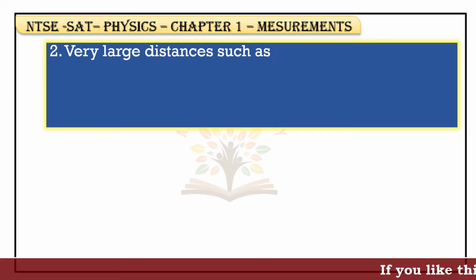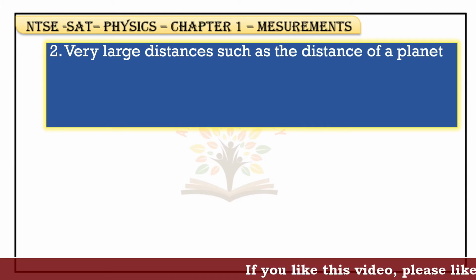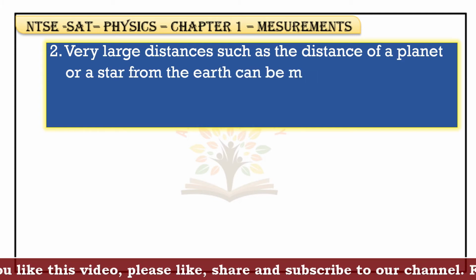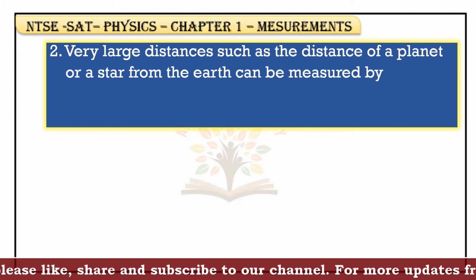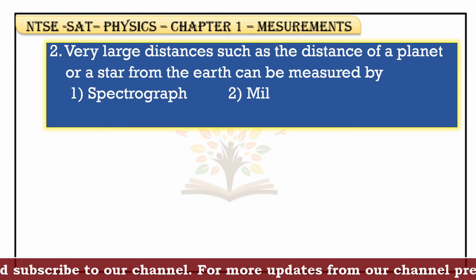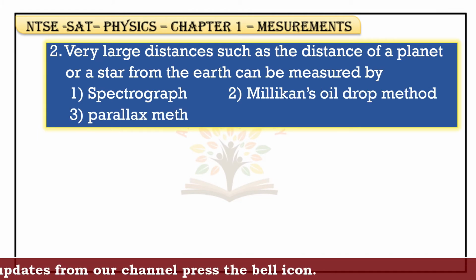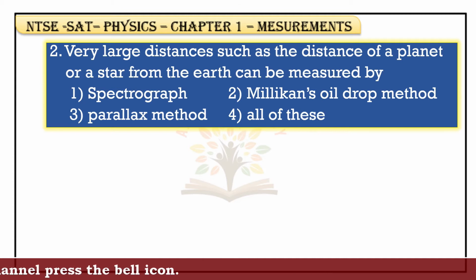Very large distances such as the distance of a planet or a star from the earth can be measured by spectrograph, Millikan's oil drop method, parallax method, all of these.